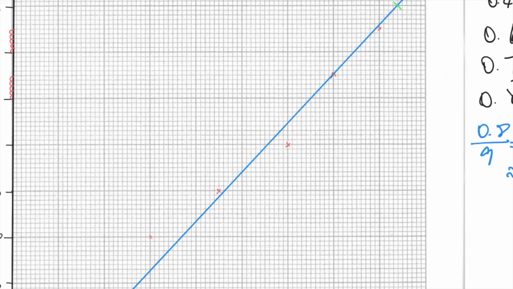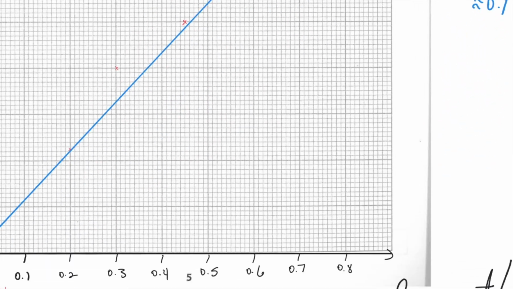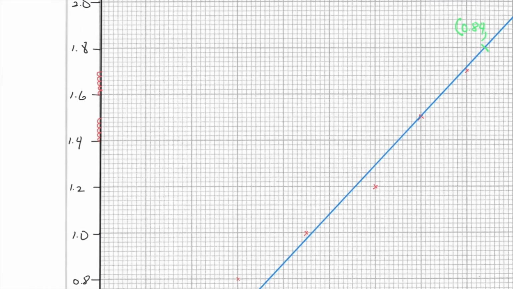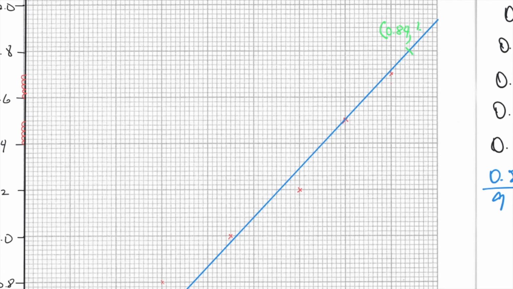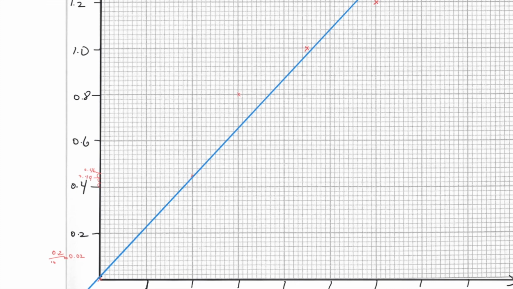and that will be, let's see, what is that point? My x value is 0.84, and my y value is 1.8. Now let's look for a value lower down here, and I'm going to choose this point here.